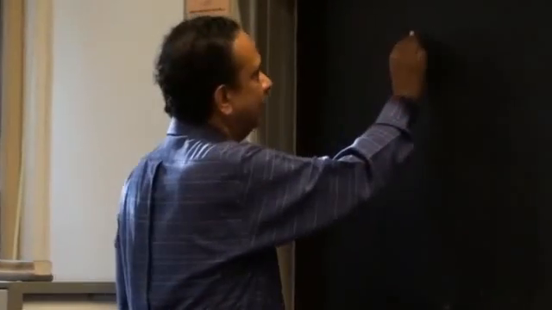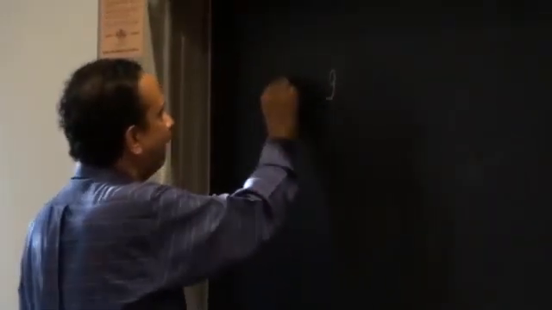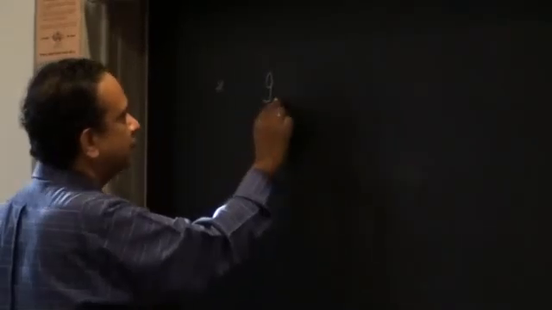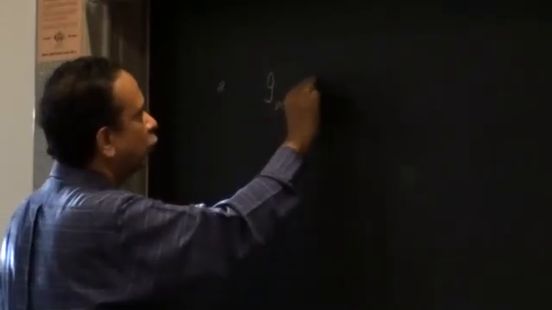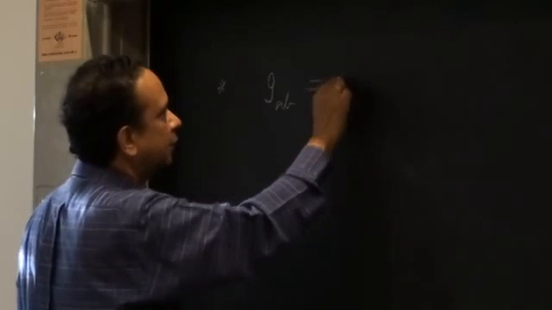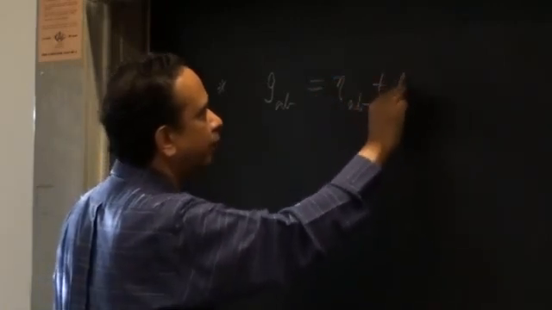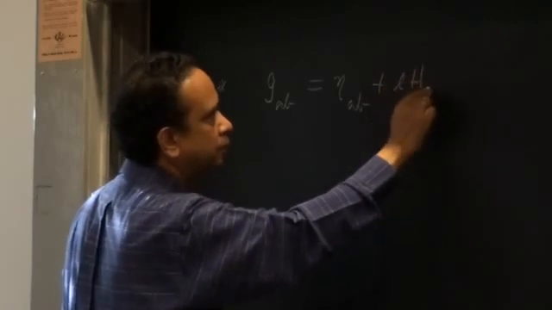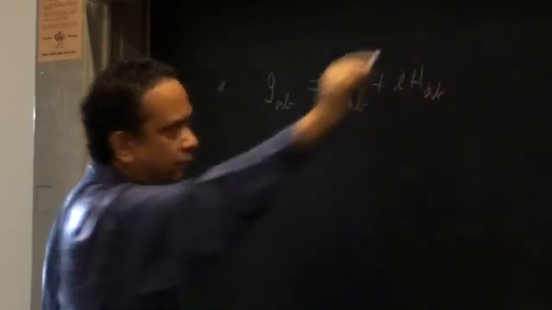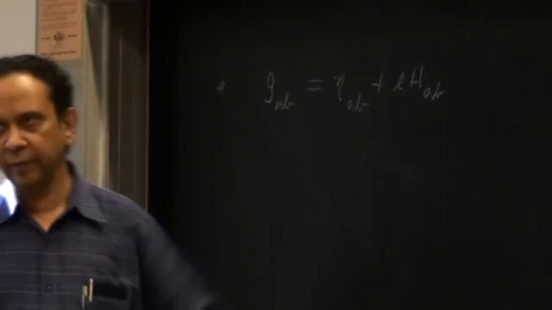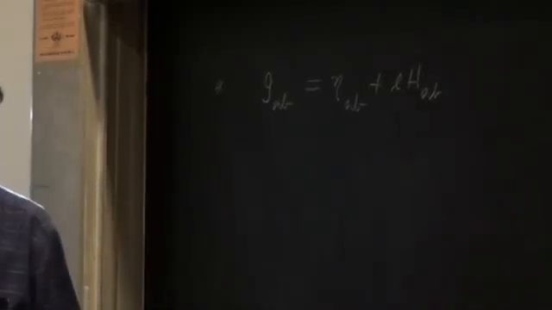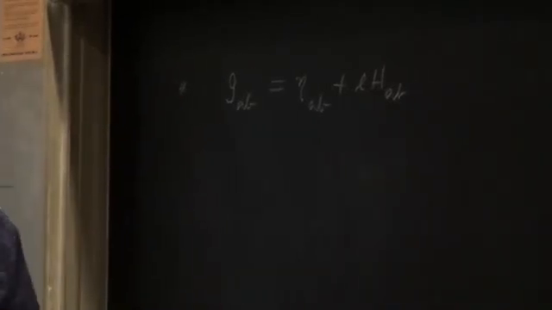So the field should have dimensions of 1/L. So what one is thinking of eventually is something like g_ab, which hopefully will be obtainable as some eta_ab plus some length times h_ab. Okay? So this will turn out to be proportional to the Planck scale and things like that. So this is what one has in mind.